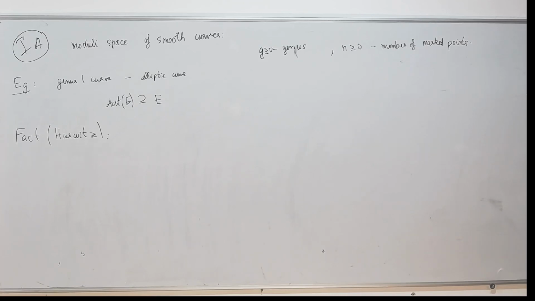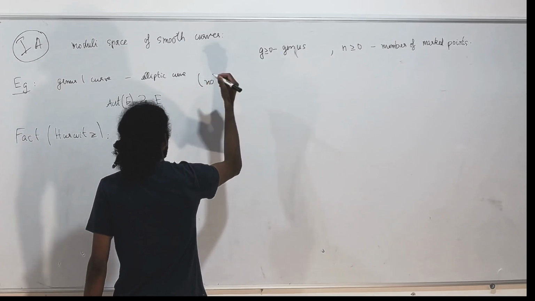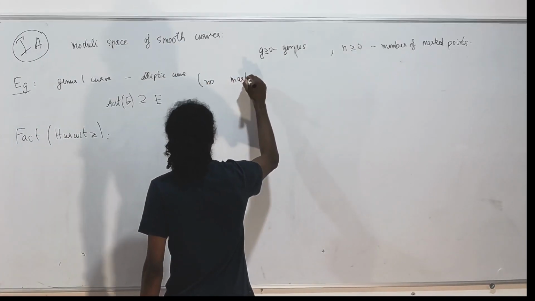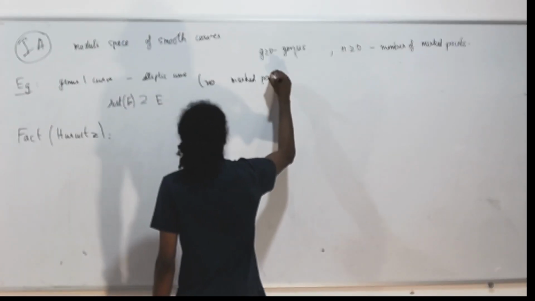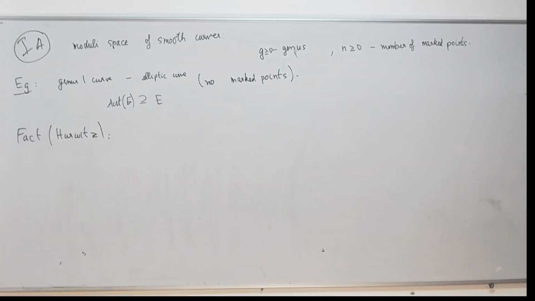When you act by the elliptic curve, it adds points, so your origin is just going to get moved. So M_{1,0} and M_{1,1} are very different. Yes, very, very different. So here, no marked points.